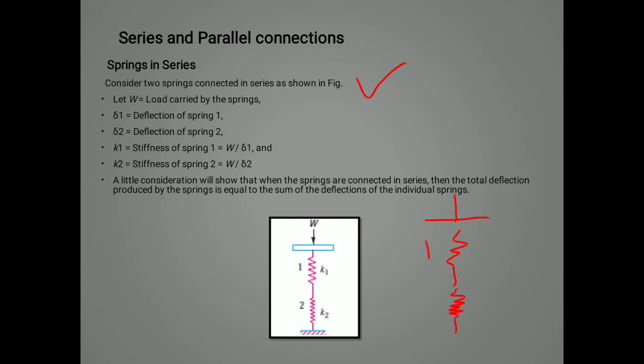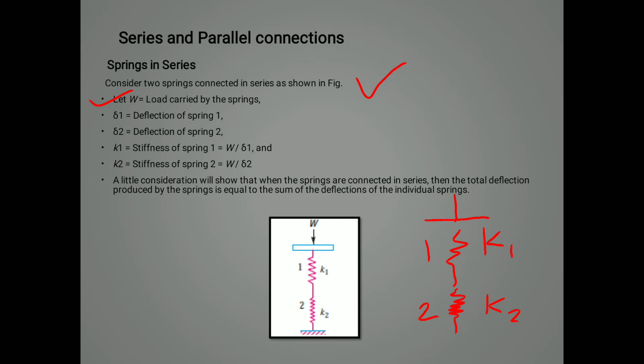Both are having different spring constants, or you can say the stiffness K1, K2. Let us see what is meant by W. W is nothing but the load carried by the springs. Then delta 1 is the deflection of spring 1, then delta 2 is the deflection of spring 2.